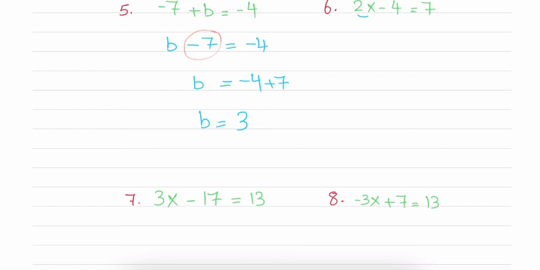One of them is multiplication and the other one is subtracting. So, what can I do? I have to do the inverse operation of both operations. Minus 4 means I have to add 4 on both sides, and multiplying by 2 means I have to divide by 2 on both sides.